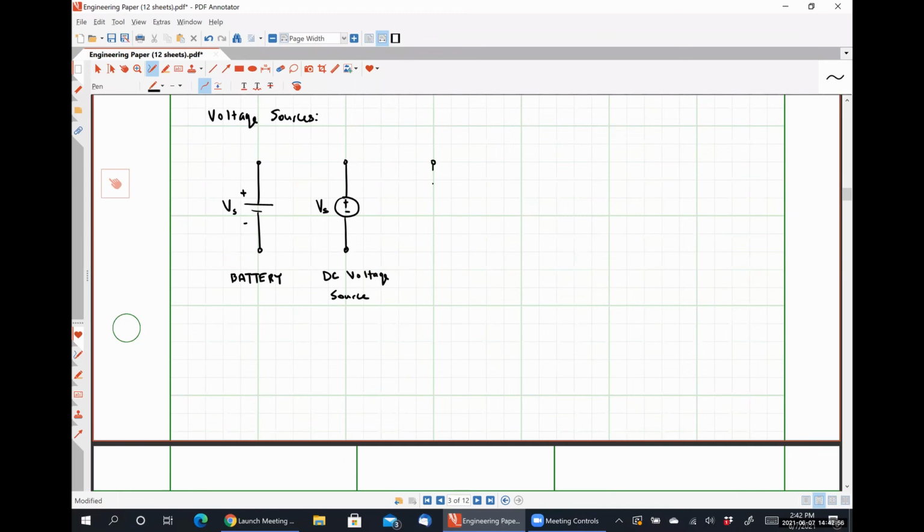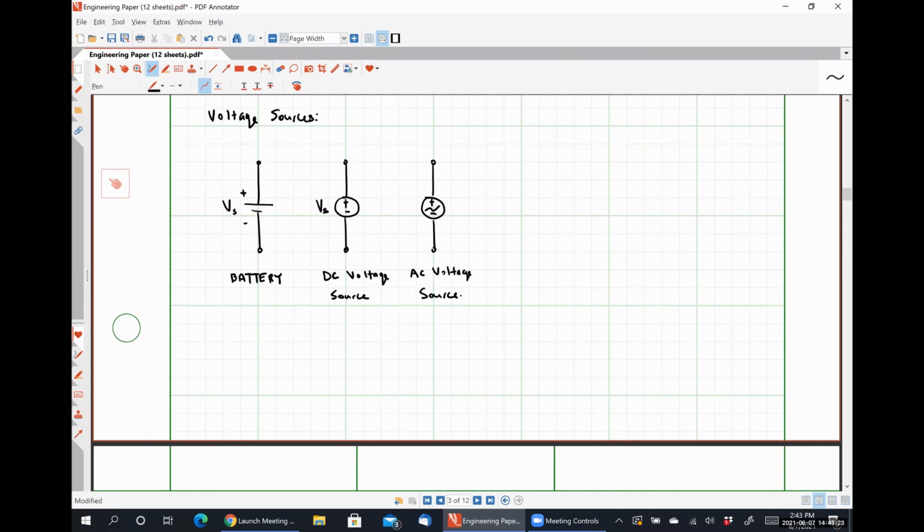Our third symbol is going to look very similar, but we're going to put a squiggle here in the middle of it. And this is representative of an AC voltage source, okay? So what the AC voltage source represents is a voltage that varies in time, okay?